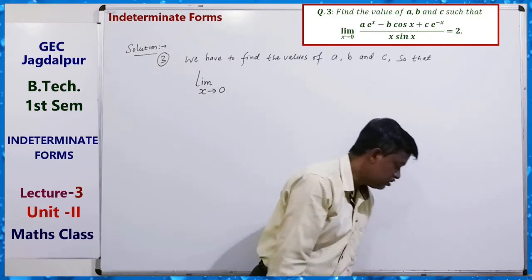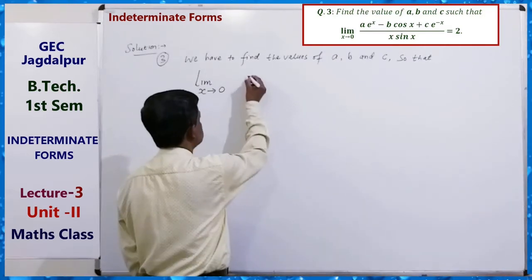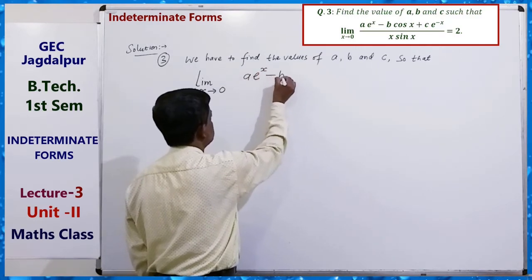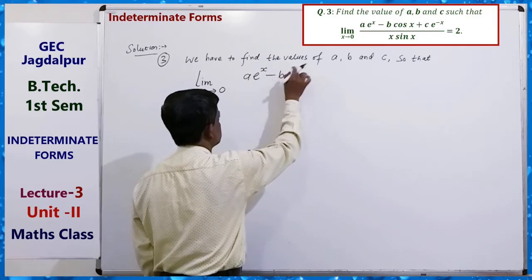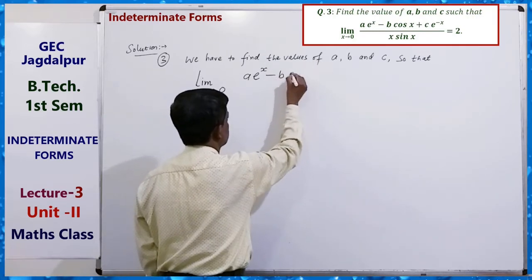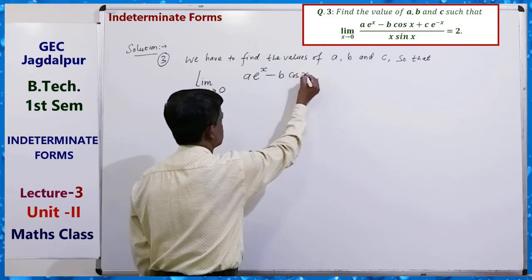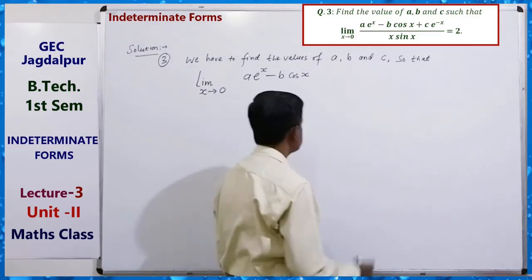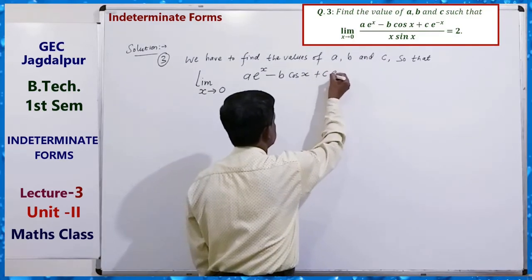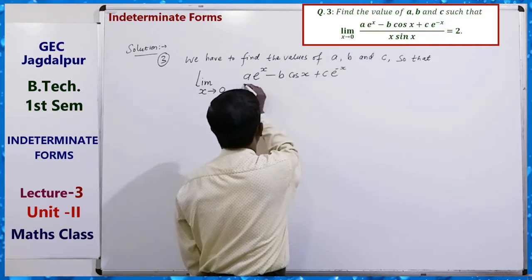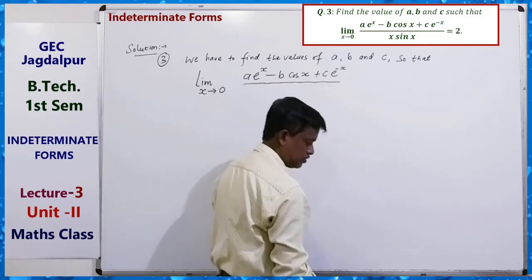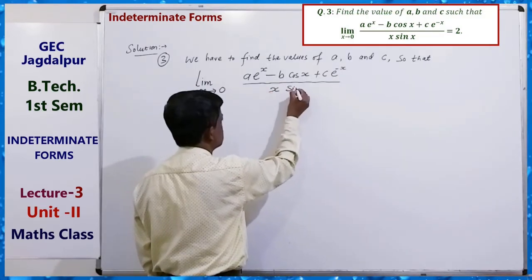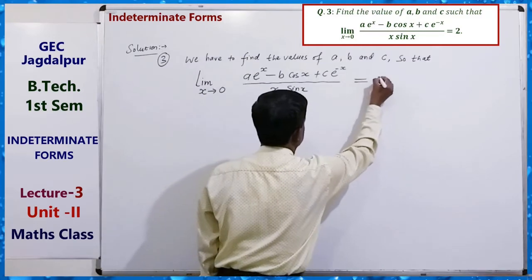The limit as x tends to 0 of (a e to the power x minus b cos x plus c e to the power minus x) upon x sin x is equal to 2.